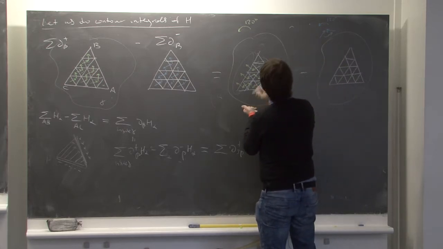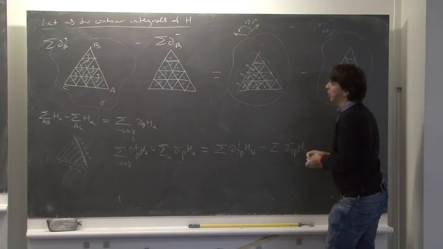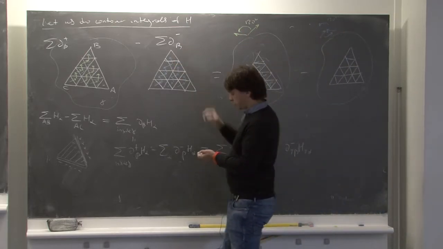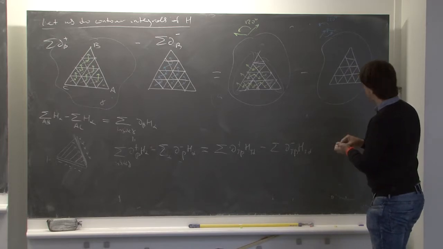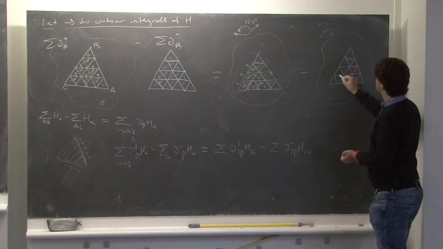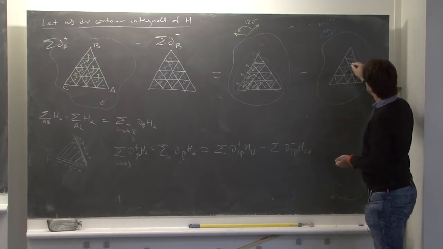Here we were rotating around the starting point, and here we need to rotate around the end point. So we just do the same picture for every up-pointing triangle. We would have a picture like that.